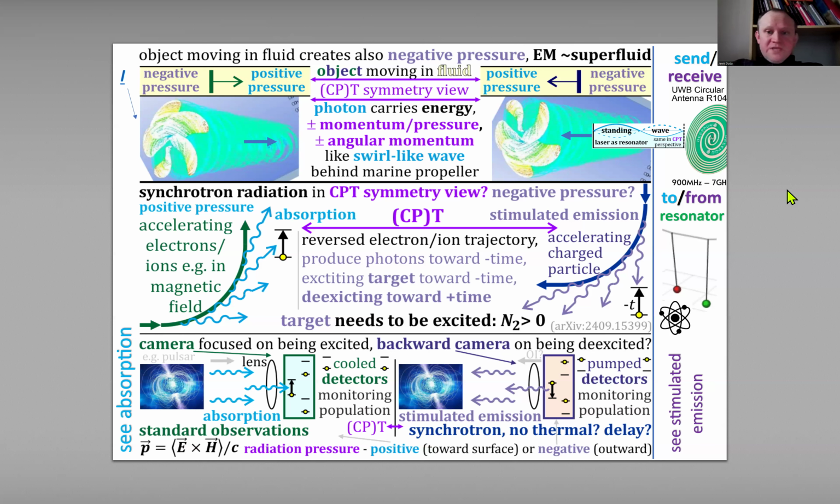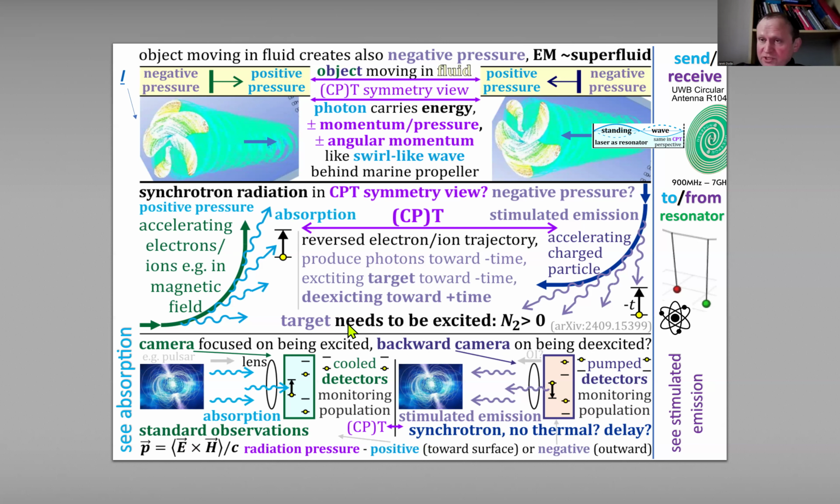So again, having this accelerating charge, it should produce photons, and in CPT perspective, it is still an accelerating charge, so it still should produce photons, but these photons for us cause de-excitation instead of excitation. And they require that the target was initially excited. So this is the difficult condition why we usually don't see this effect, because it is not satisfied.